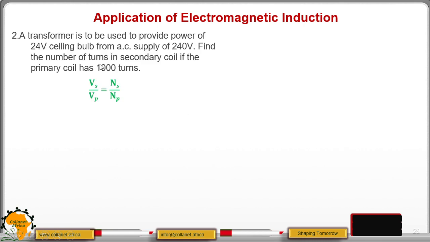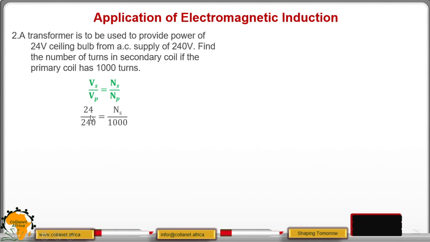Then from there we move to another example. A transformer is to be used to provide power to a 24 volt ceiling bulb from an AC supply of 240 volts. Find the number of turns in the secondary coil if the primary coil has 1000 turns. Again, we proceed as follows. Using the formula for the turns ratio, we substitute our values.